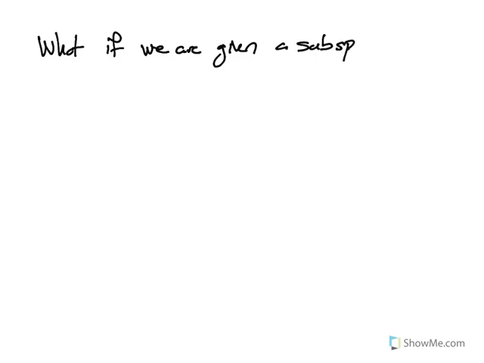Now, what if you're given a subspace V, but no ON basis? Then it turns out that you can still define projection. You can still define the perp, of course.